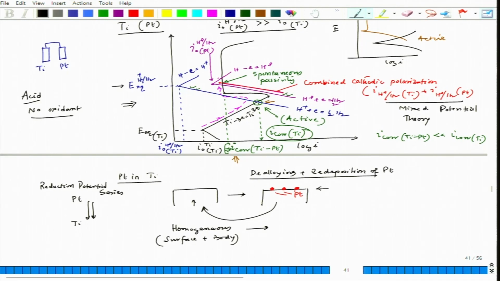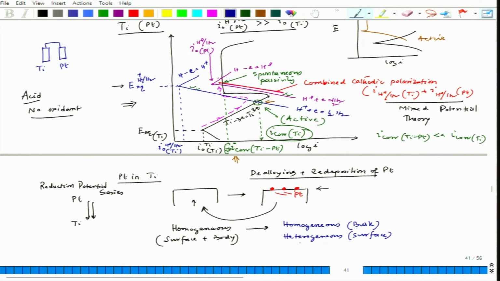Now, what change do we see here? It will be homogeneous in the bulk, but heterogeneous on the surface. In fact, the surface texture is also different.